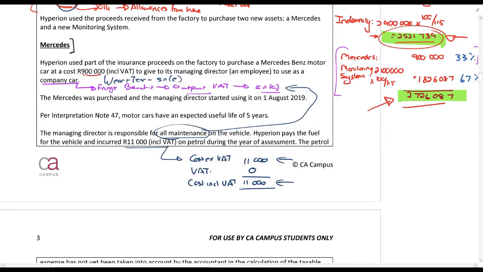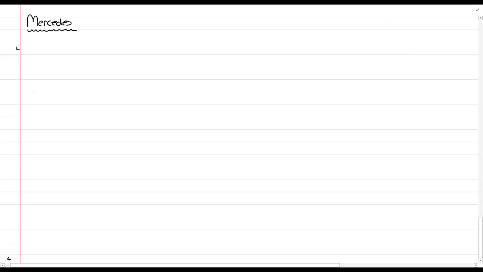So let's go and do its tax, everything relating to it. So what happens here? It's a Mercedes that costs 900,000 rands. You give it as a fringe benefit to your managing director, and there was some VAT incurred. Okay, so the first one is section 11E, that's the wear and tear section.